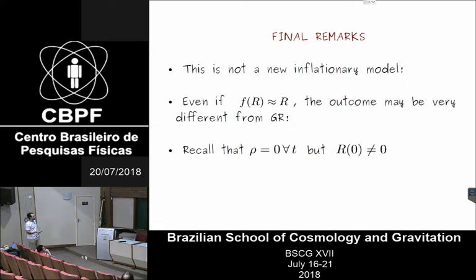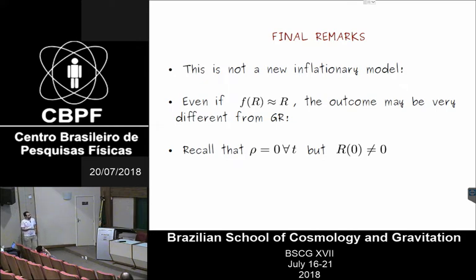Another take-home message is that just because there is no matter whatsoever in my model or any other model, that doesn't mean that the Ricci scalar should be 0, because there's no algebraic relation between the two of them, right? There's a standard differential equation for R, and it just happens that rho is the source of this equation.